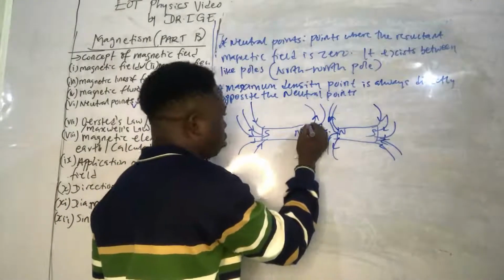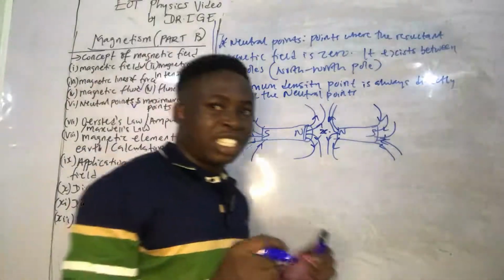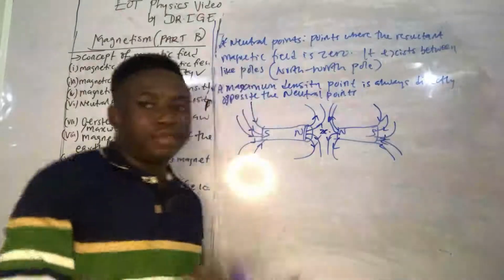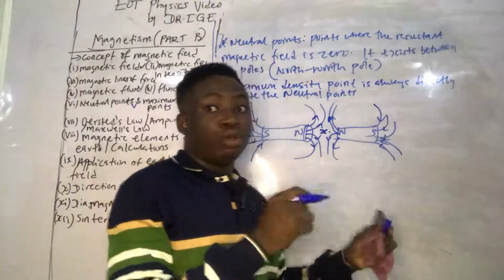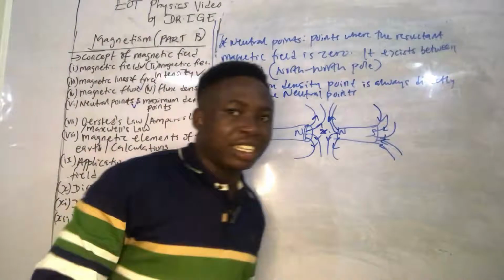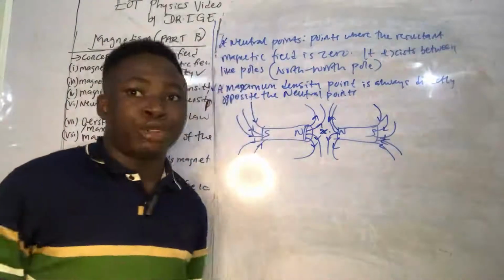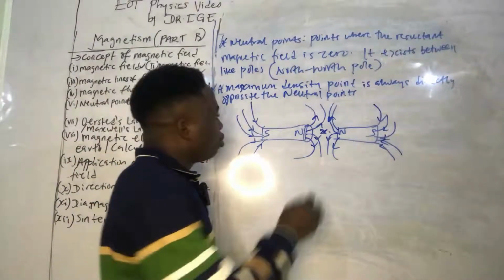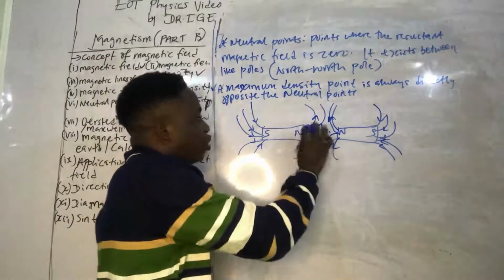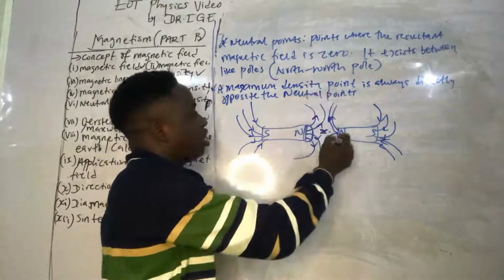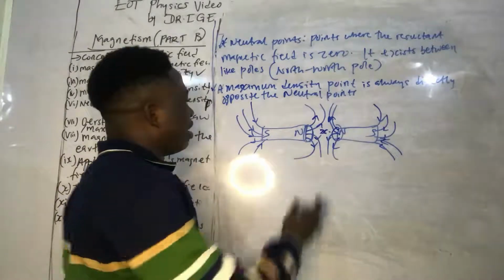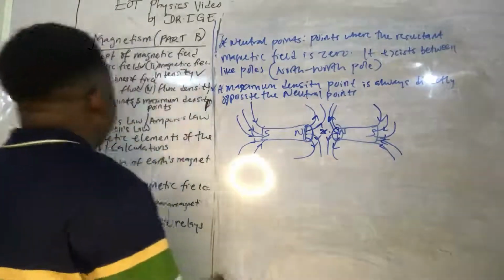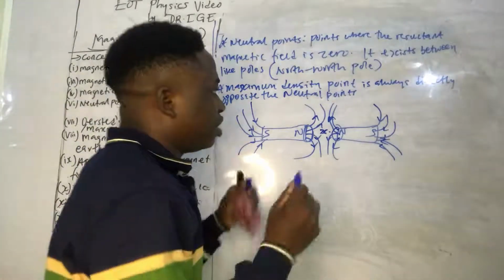This is maximum density. When you hear maximum density, we are talking about the point of maximum magnetic field density, or the point of maximum magnetic induction. I told you another name for magnetic field density is induction, so please take note. You see in these areas the lines of force are closer together. So directly opposite the neutral point, we always have maximum density. I believe this is clear now.